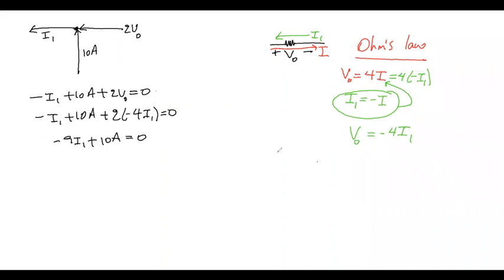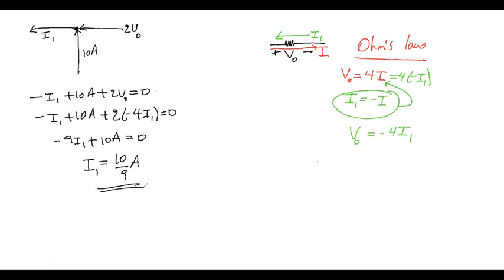So now I1 will be 10 over 9 amps. Therefore we have determined I1, which is the current through the 4 ohm resistor.